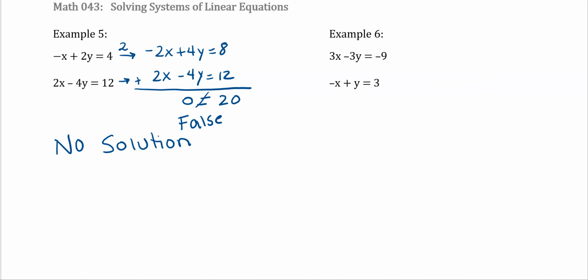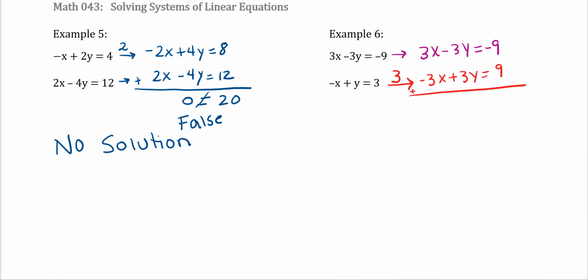In example 6, I'm going to choose to multiply the second equation by 3. Well, look what happens here.